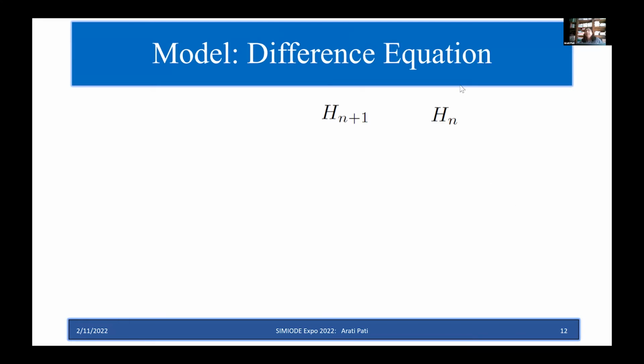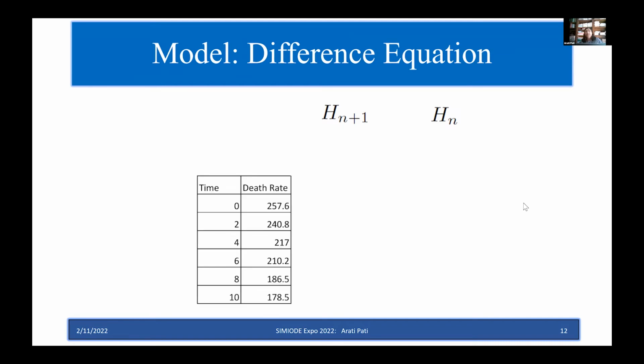So the next question is, can I derive a difference equation model for this simple data? This is my data table, which was given in terms of time and death rate: time 0, then after 2 years, and so on.